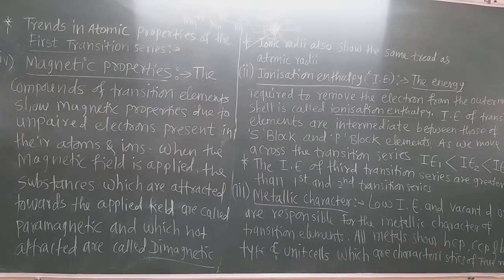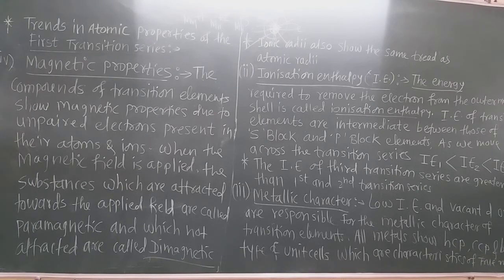So the compounds of transition elements show magnetic property due to the unpaired electrons present in their atoms and ions. When a magnetic field is applied, the substances which are attracted toward the applied magnetic field are called paramagnetic substances, and those which are not attracted are called diamagnetic substances. Now this is about the trends in properties of the transition elements.